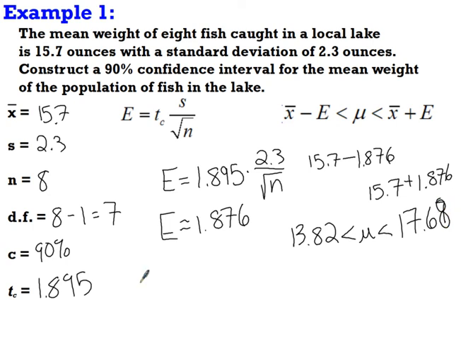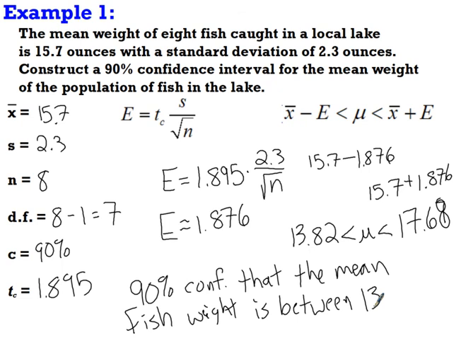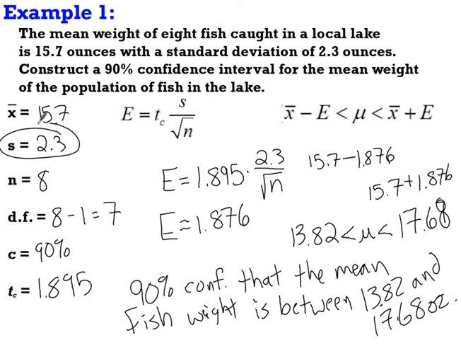So I can say that I'm 90% confident that the mean fish weight is between 13.82 and 17.68 ounces. So that's the confidence interval if you're given the sample standard deviation instead of the population standard deviation.